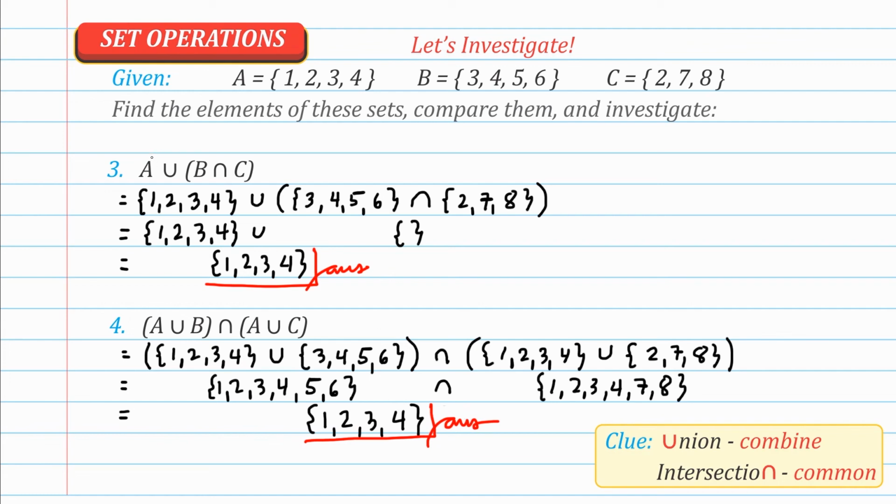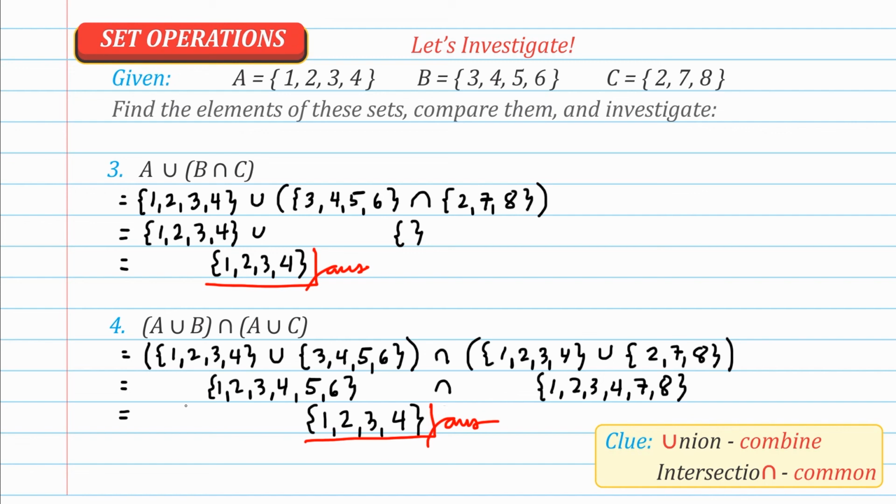As you can see, parang sa distributive property that we have shown earlier, A can be distributed to B, A union B, kaya meron tayong A union B. Next, A union C, kaya meron tayong A union C. And then finally, intersection. Kaya intersection ang ginamit. So that's the reason why we have the distributive law of sets.